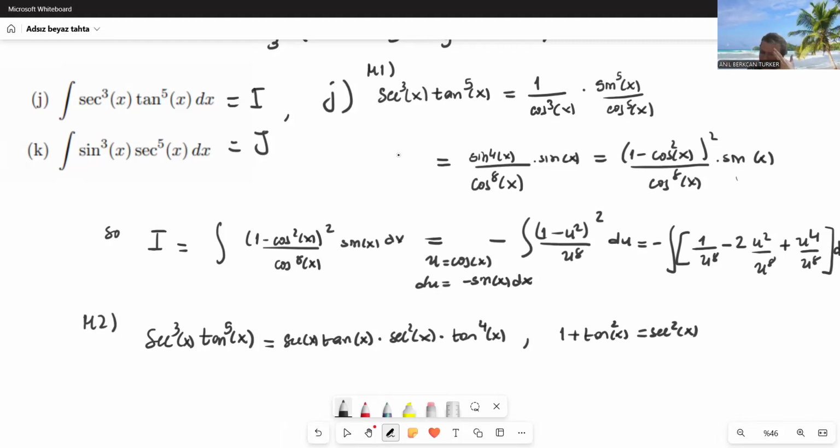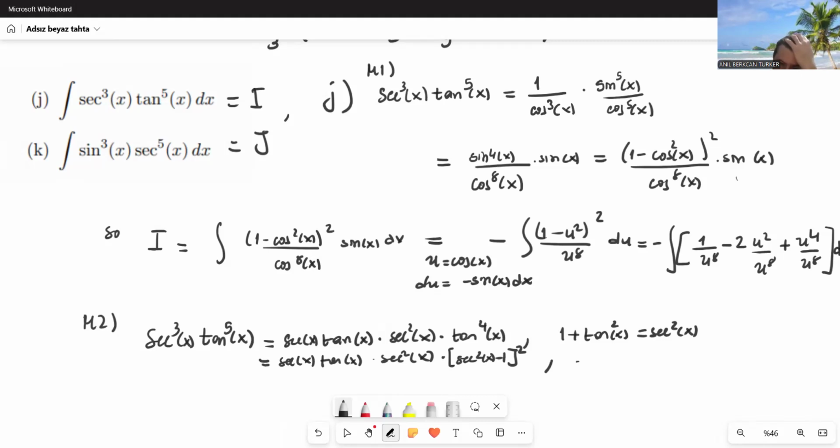So you get rid of this tangent, and this is your du, and this is your polynomial of u. Okay, so it will be okay. Let me rewrite again. Secant x tangent x, this is secant square x, and instead of tangent square x, I'm just going to put secant square x minus 1, squared.